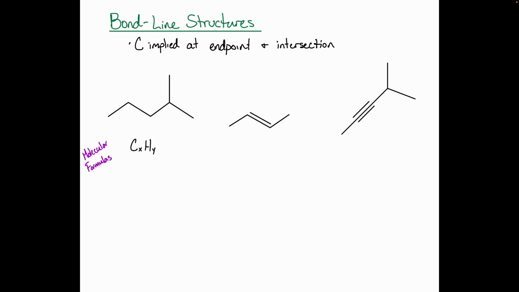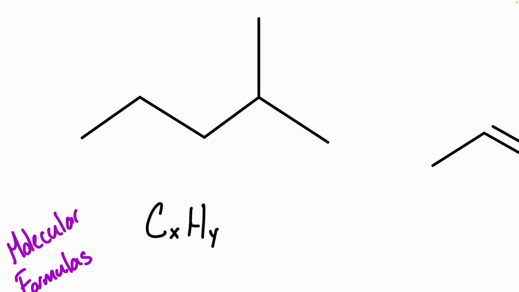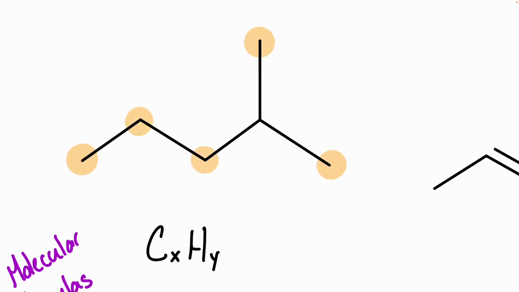All right, so what do I mean by that? How many carbons do we count in this structure here? 6, because every endpoint, 1, 2, 3, and every intersection of these line points, 4, 5, 6, these are all carbon atoms, right? So endpoints and intersections are where the carbons live in our bond line structure.